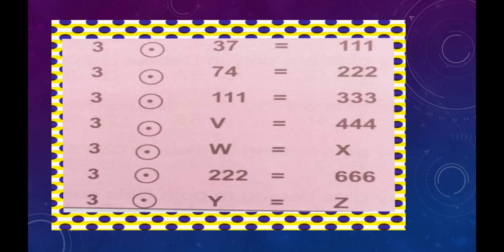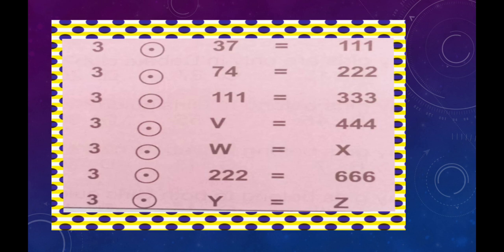Now, v has already been gotten to be 148. The next one here, we have 3 times w is equal to x, and we don't know w. How do we get w?